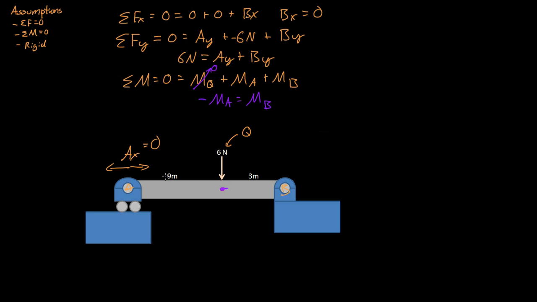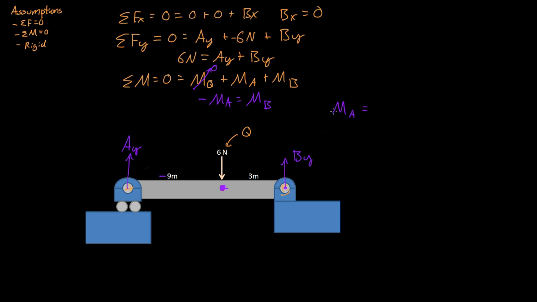So this would actually be a negative 9 meters if we have this as our origin. So then the moment of A is equal to the force of A, so AY, and AY is shooting straight up, and again, BY is also shooting straight up.